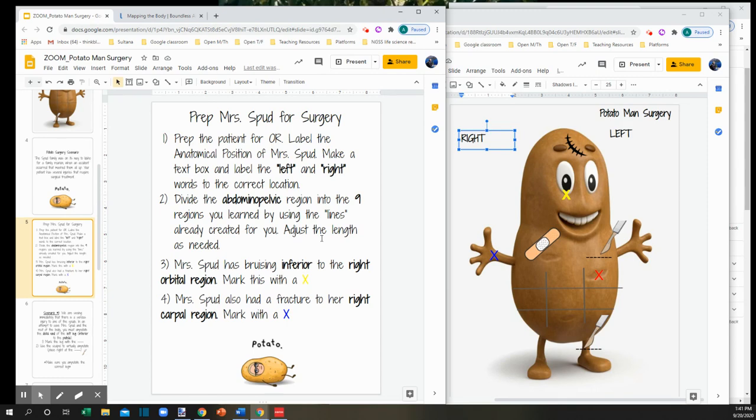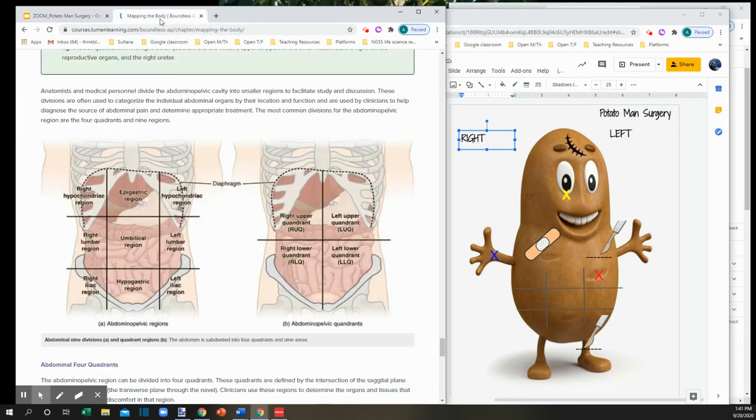You just had to use 4 lines in order to make this happen. As a reference, your abdominopelvic cavity is separated from the thoracic cavity by your diaphragm, so that's the indicator of where you should have ended your lines.